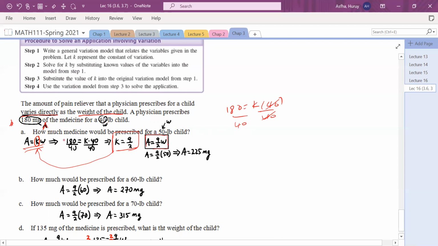So how much medicine would be prescribed for a 50-pound child? So this 50 pounds is W. We just substitute this value in here, and we find the amount of medicine prescribed for this child. So 9/2 times 50 becomes 225 milligrams.